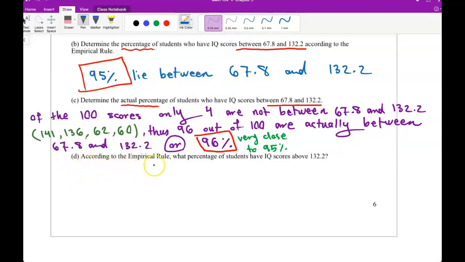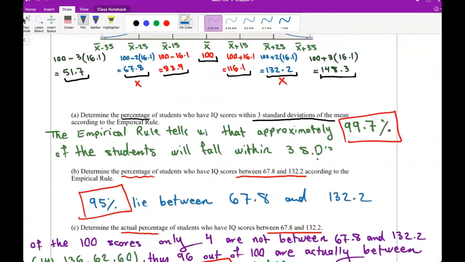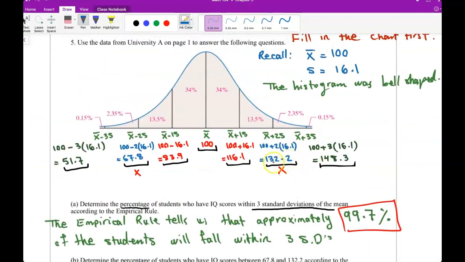Part D, according to empirical rule, what percentage of students have IQ scores above 132.2? Here is 132.2, and higher than that, we have this part, so we should consider this part here to this point.